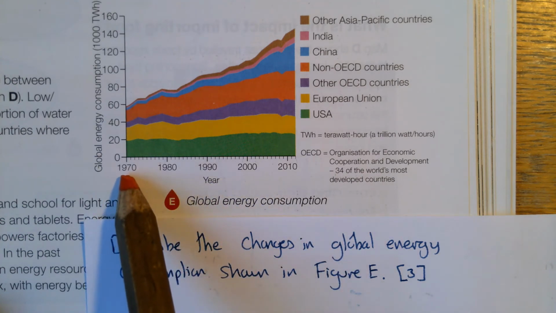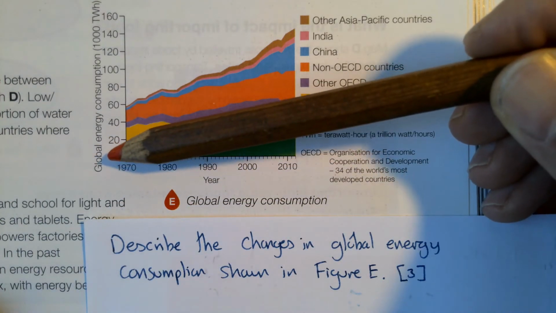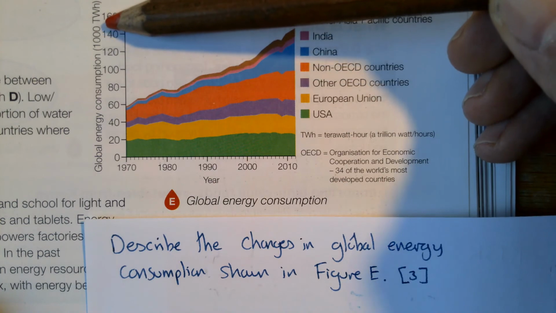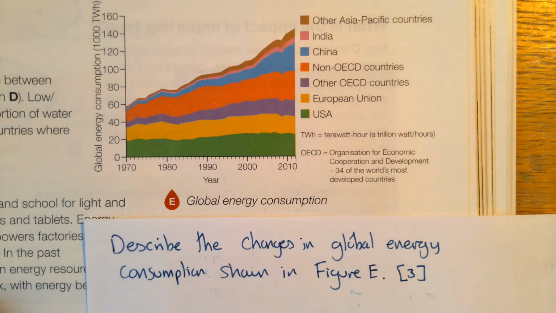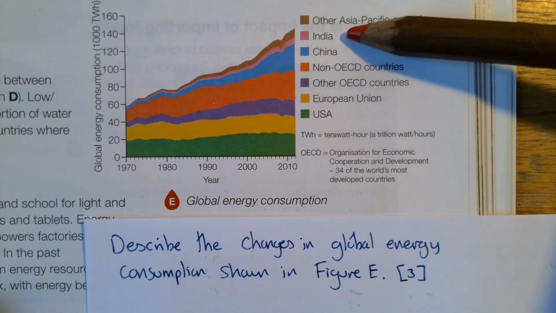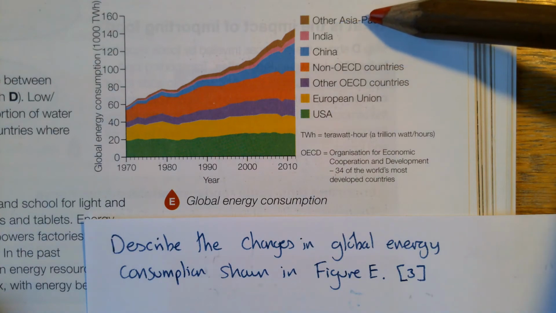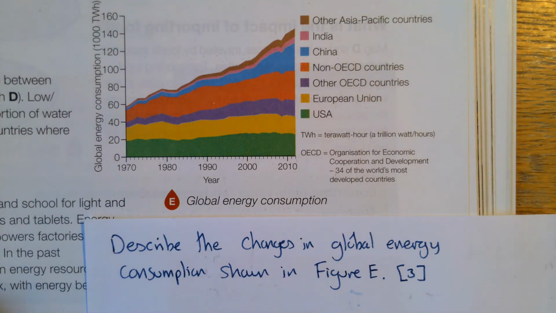So this is from 1970 to 2010, and then over here we have global energy consumption, 1,000 terawatt hours. So that is the consumption value up the side. Then we check our key just to make sure we're aware of what that's showing, and that seems to be showing the different regions or specific countries of the world.